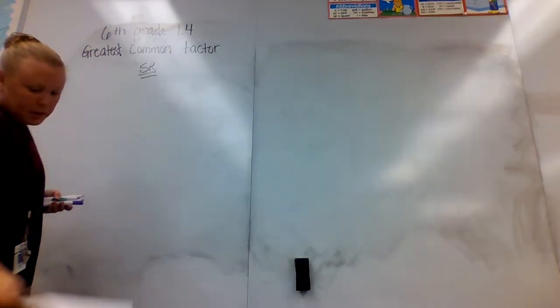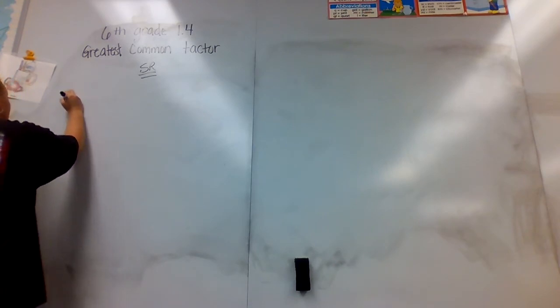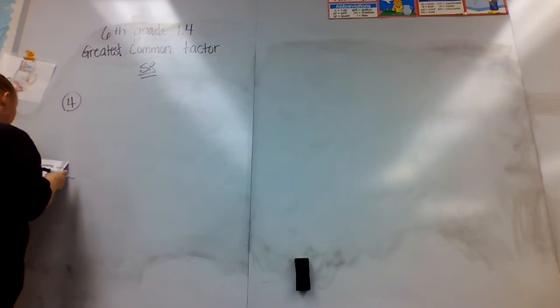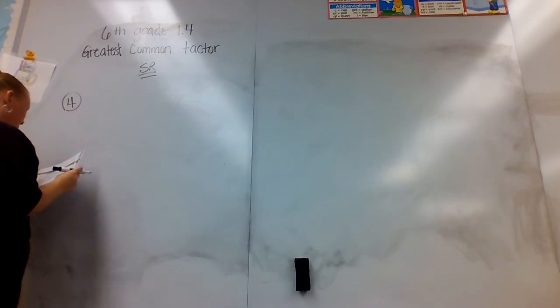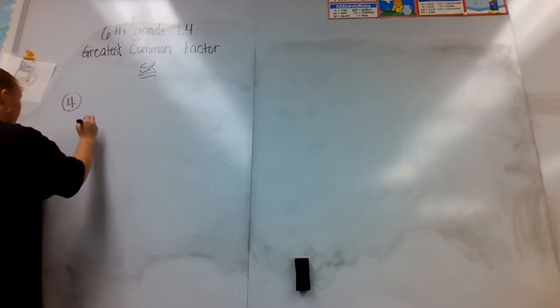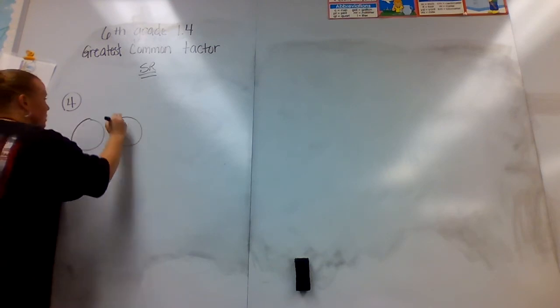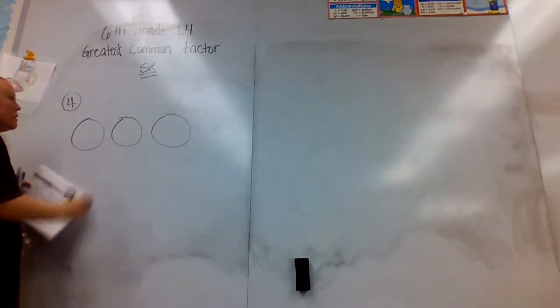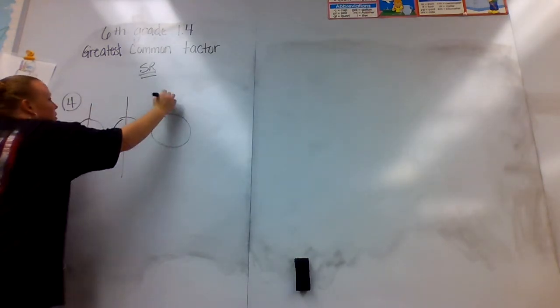Okay. All right, number 4 under spiral review. Sammy has 3 pancakes. He cuts each one in half. How many pancakes are there? Okay, well, I'm just going to draw a picture for this one. How's that? 3 pancakes. He cuts each one in half.